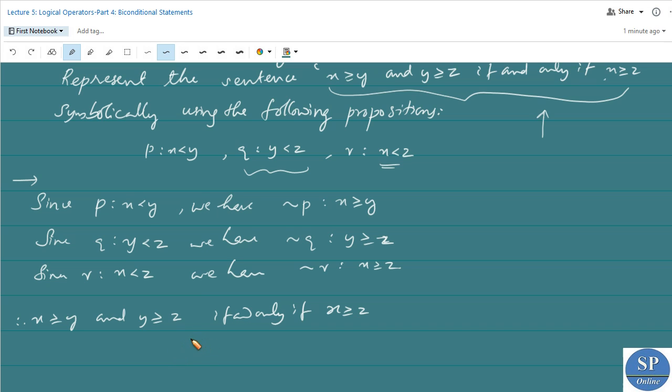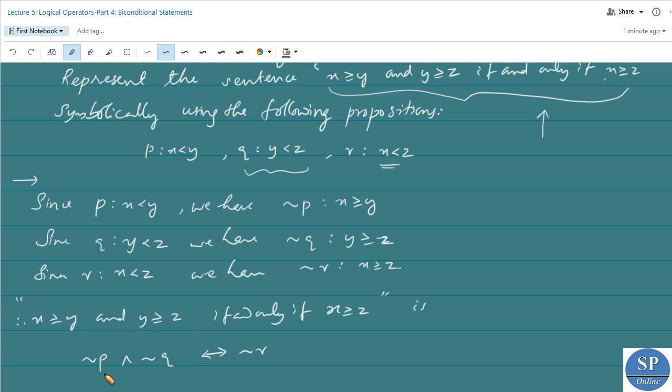By using these notations, we can write x greater than or equal to y as negation P, and y greater than or equal to z is nothing but negation Q, if and only if x greater than or equal to z, which is nothing but negation of R. Clear?